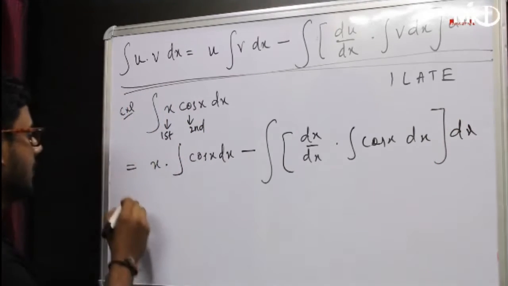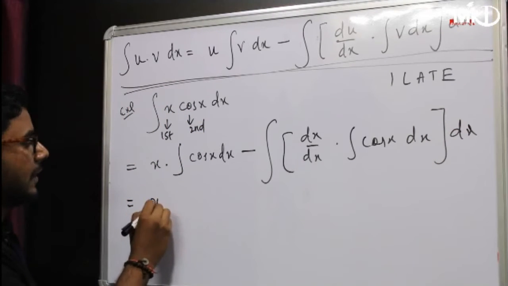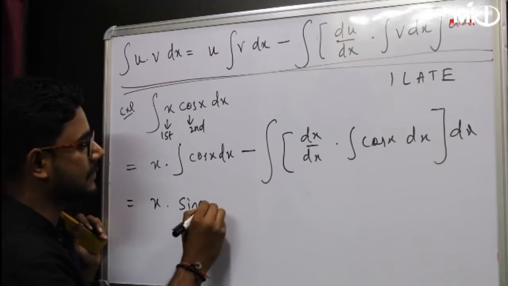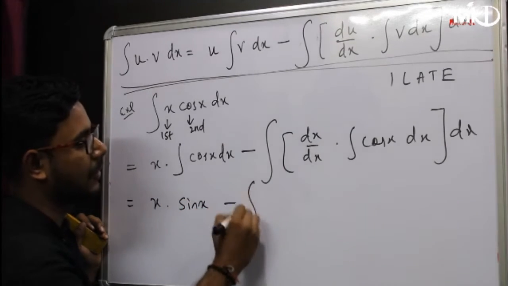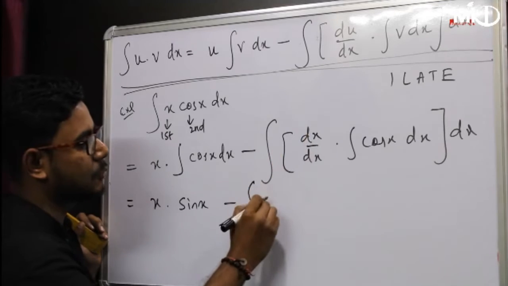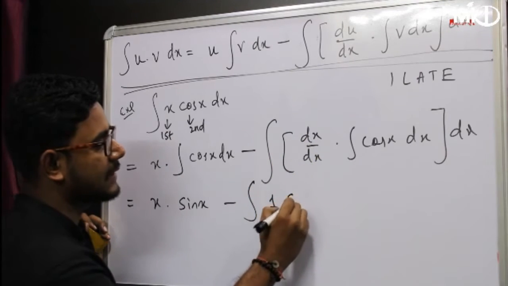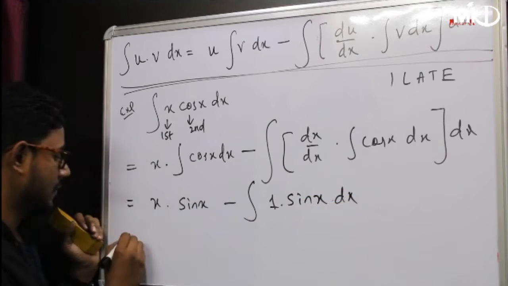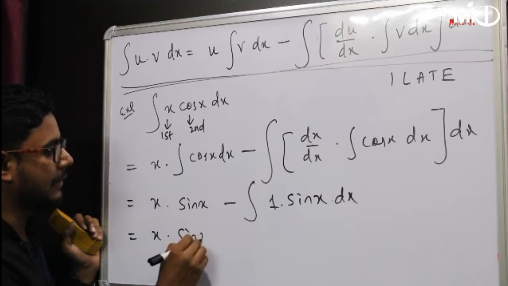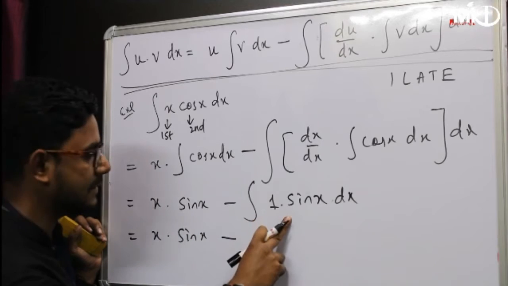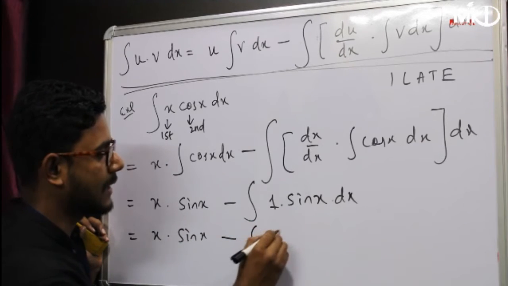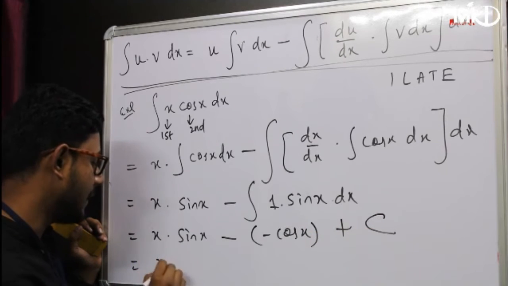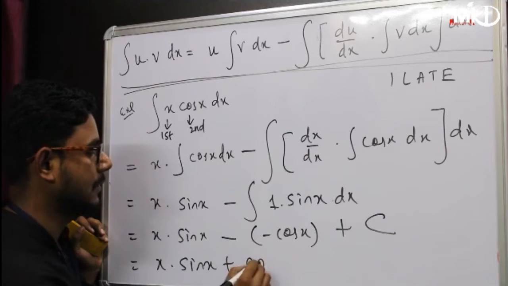Now simplify it. x, integration of cos x is sin x, so x sin x, minus whole integration of derivative of x, which is 1, into integration of cos x, which is sin x, dx. Now simplify: x sin x minus integration of sin x, which is minus cos x. So minus cos x plus c. So the answer will be x sin x plus cos x plus c.